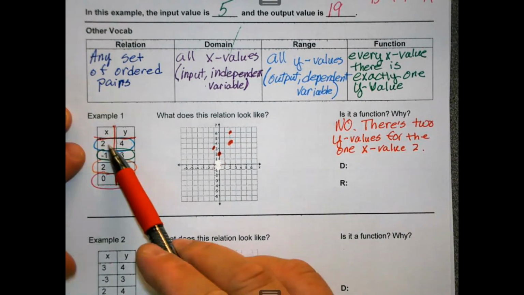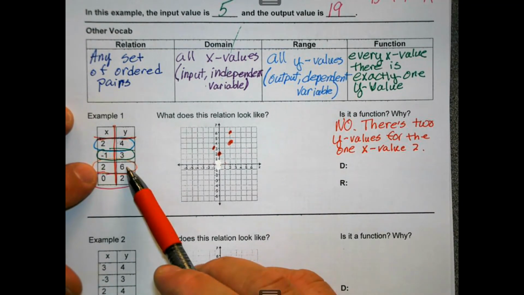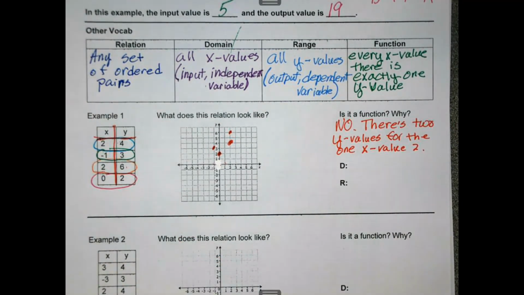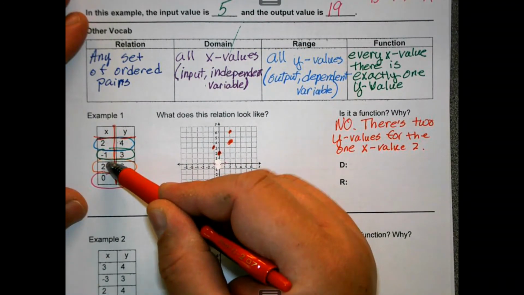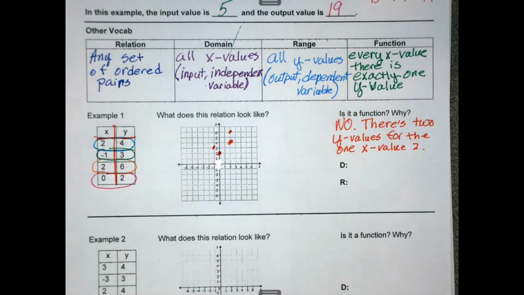For the x value 2, we have a 4 and a 6. So if it was like 3, 6, it would be a function. If we had a 3 there, it would be a function.